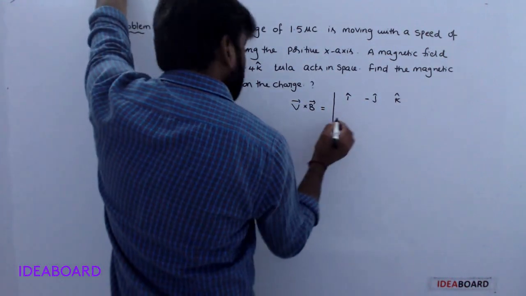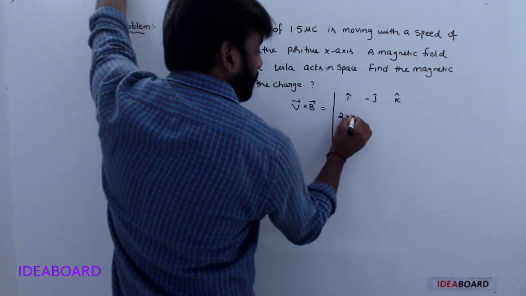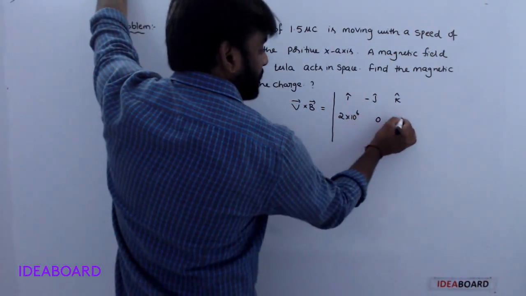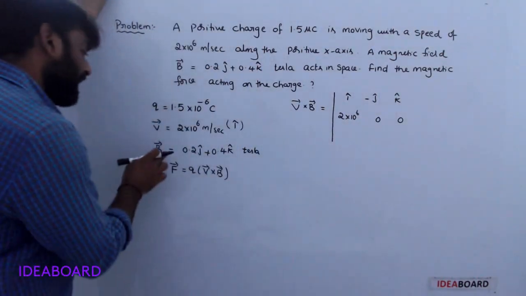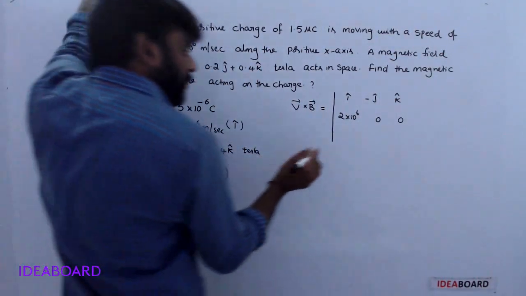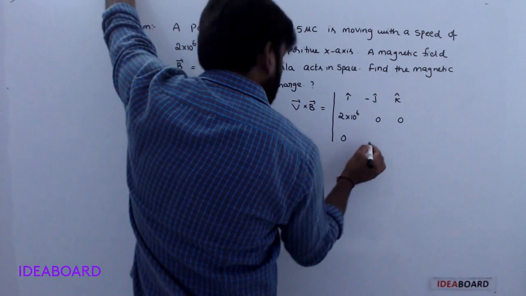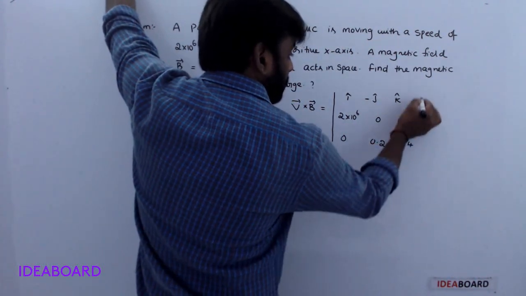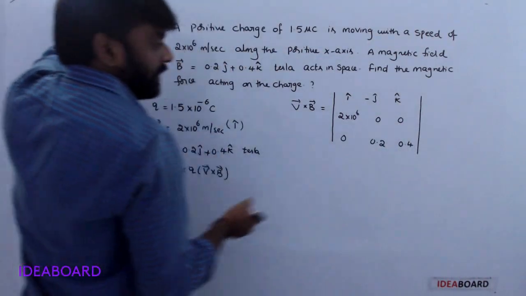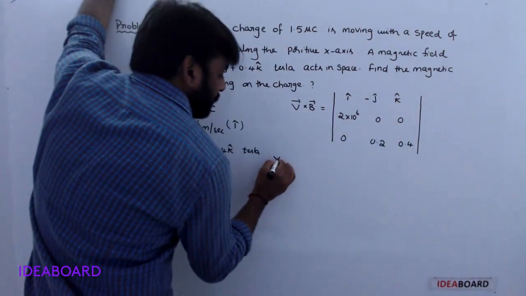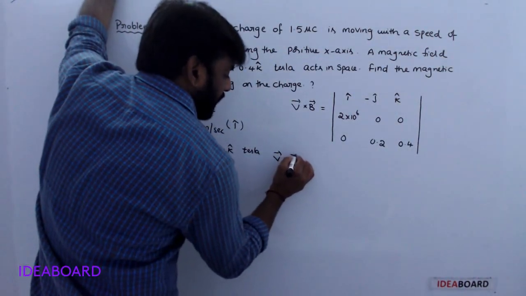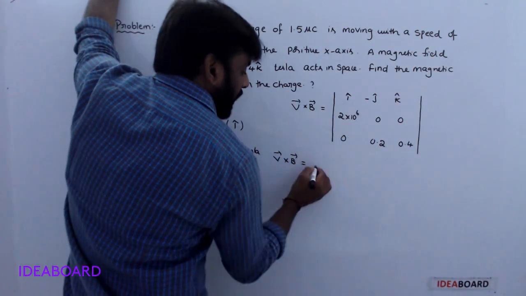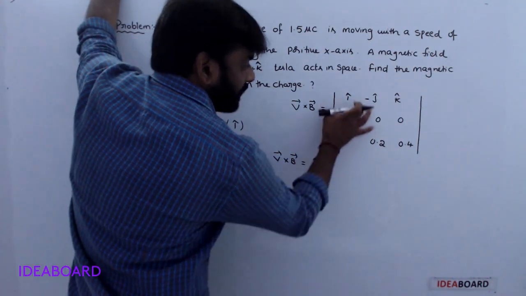Velocity has only I component: 2 into 10 to the power of 6, J component 0, K component 0. Next B bar has only J component and K component: 0, 0.2, 0.4.